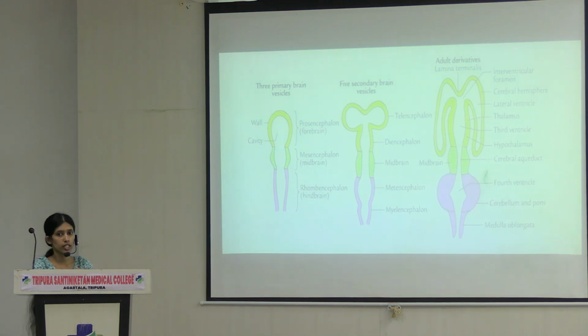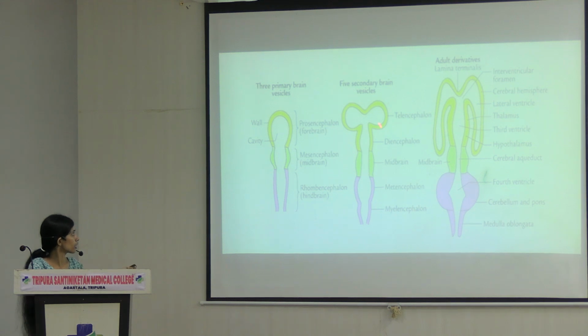First you can see 3 primary brain vesicles followed by 5 secondary brain vesicles. Then you can see the adult derivatives of each brain vesicle. Whatever the cavity you are seeing here, these cavities will later give rise to the ventricular system of the brain. Which fluid runs in this cavity?